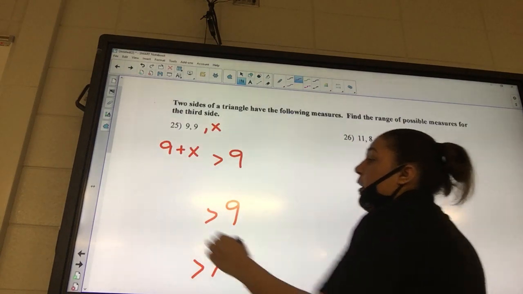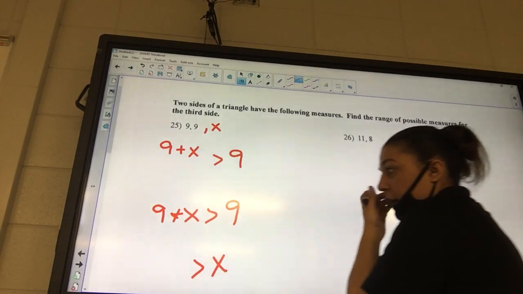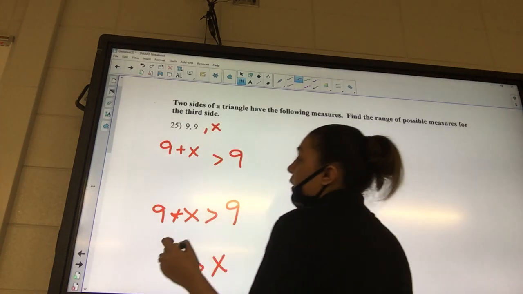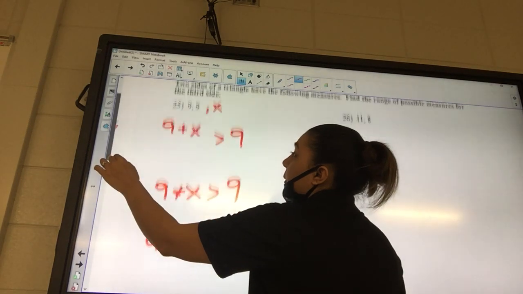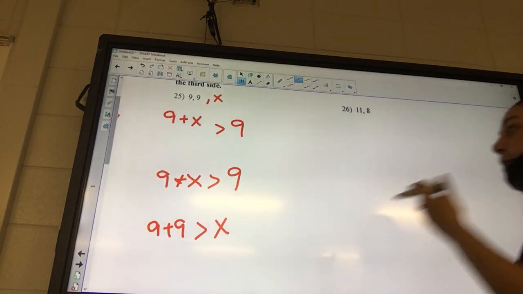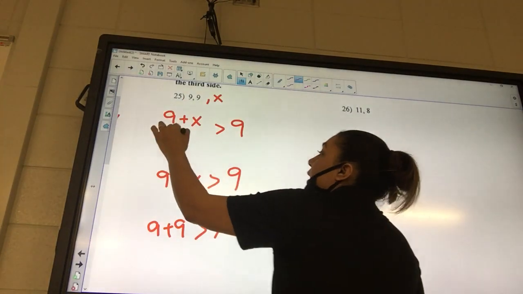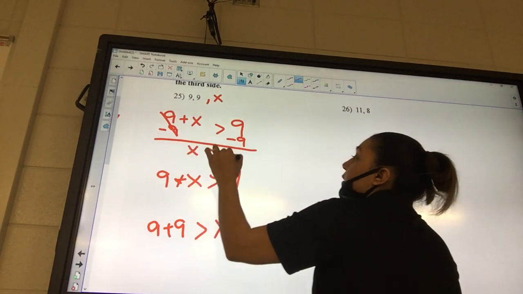For the second one, I'm going to have 9 plus x is greater than 9. And the third one, I'm going to have 9 plus 9 is greater than x. Okay, and for all these, we need to solve. So I'm going to say minus 9. I'm trying to get x by itself. So I got x is greater than 0.